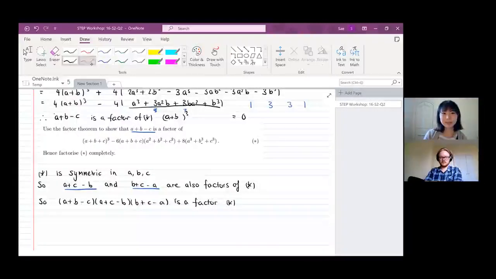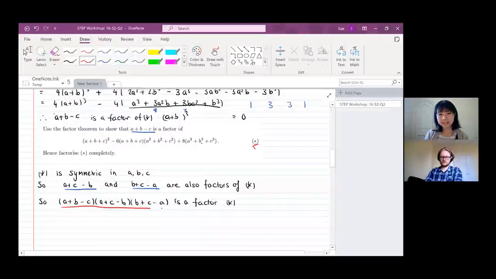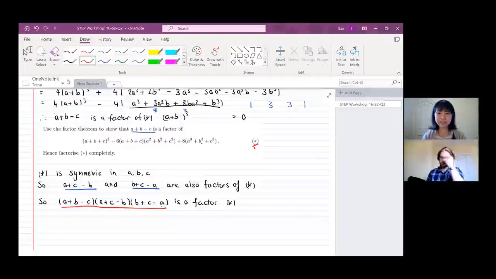Now, can someone tell me something about the degrees of star and this expression here? I'm seeing lots of threes in the chat, which is good. So yeah, exactly.